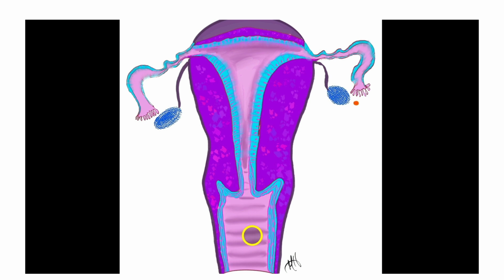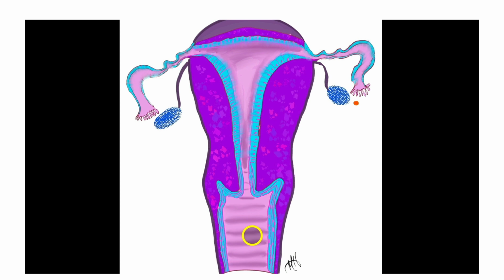But back to the vagina, during prepubescent females, that is to say, females who have not yet achieved sexual maturity, the mucosa of the vagina is composed of simple cuboidal epithelial tissue. And during sexual maturation, that simple cuboidal epithelial tissue transitions into stratified squamous epithelial tissue.